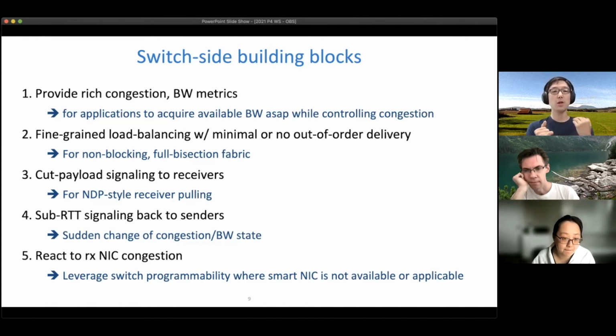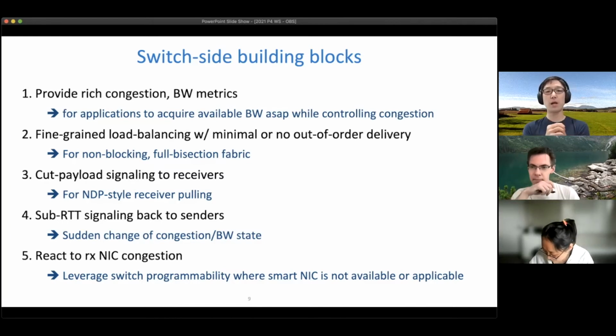Secondly, for non-blocking full bisection bandwidth, of course the network oversubscription had better be one, but fine-grained load balancing that guarantees no out-of-order delivery, or minimal out-of-order delivery, will be great.